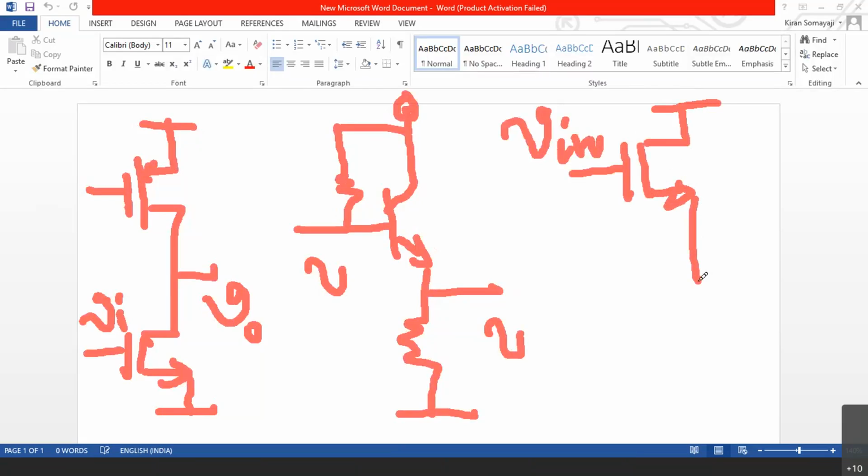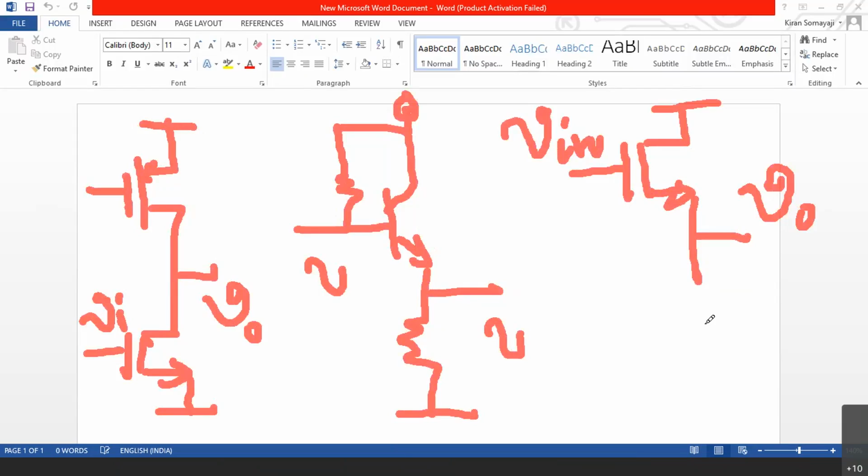And then we take output here. This is V0. And this resistor we have to replace with one more device now, because as I have told you, resistor is quite expensive inside the chip. Resistor consumes a much larger area.